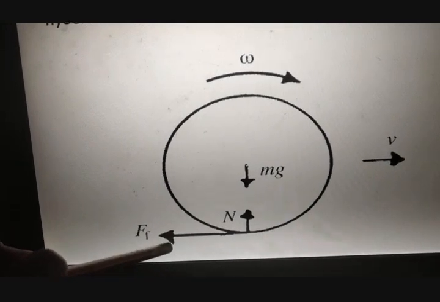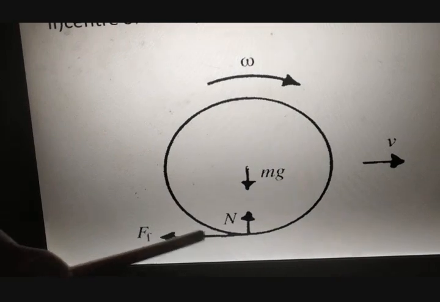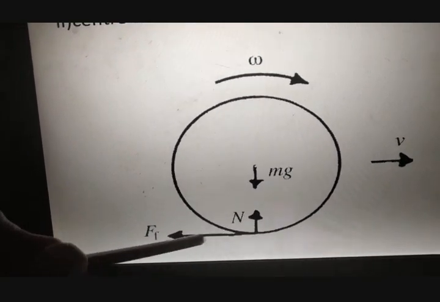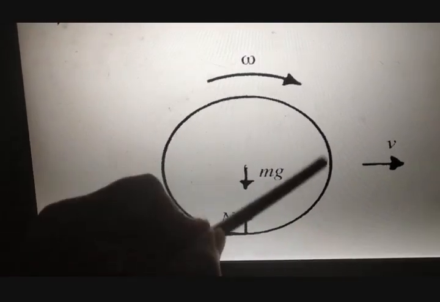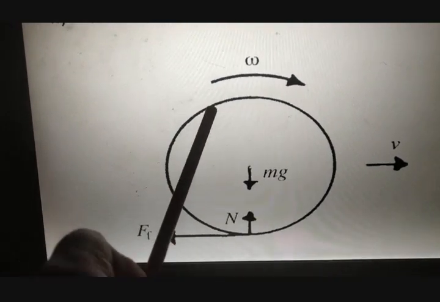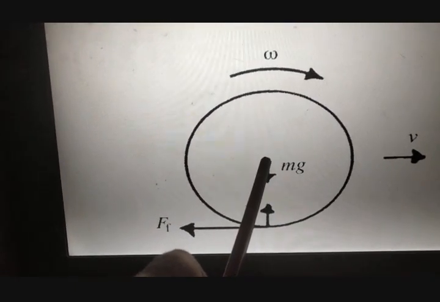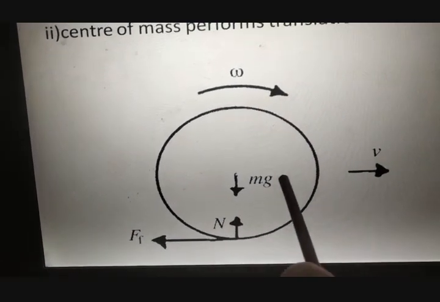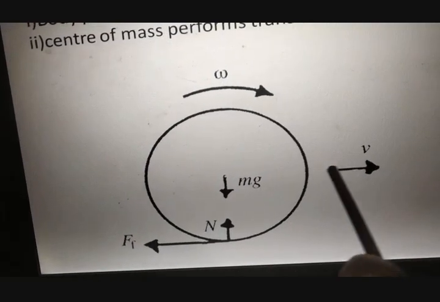Now the frictional force direction is shown here. As you know, frictional force opposes the motion of the object, so the direction is over here, because the sphere is rolling in this direction, and so the frictional force will be in the opposite direction. Now when this body rolls on a horizontal surface, the circumference of the sphere will be rolling, but the center of the sphere will just perform a translational motion.